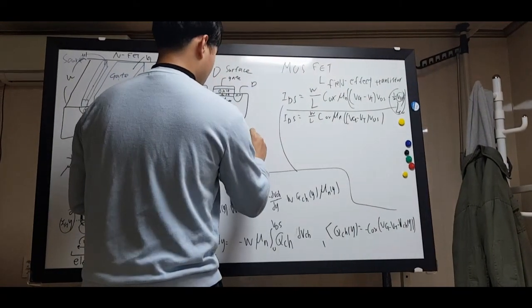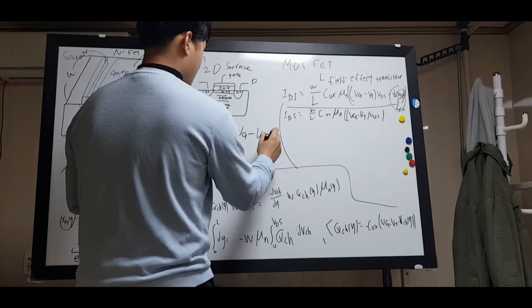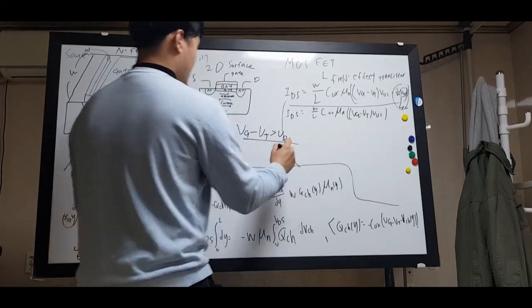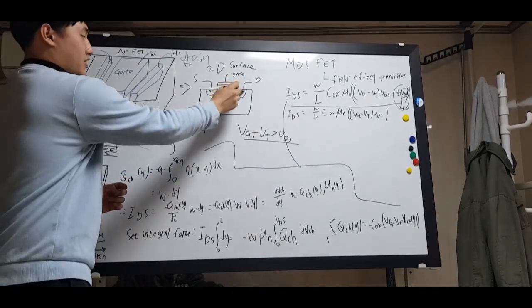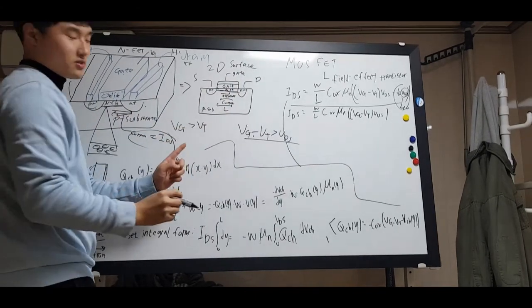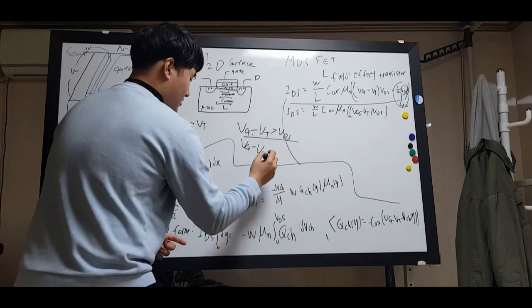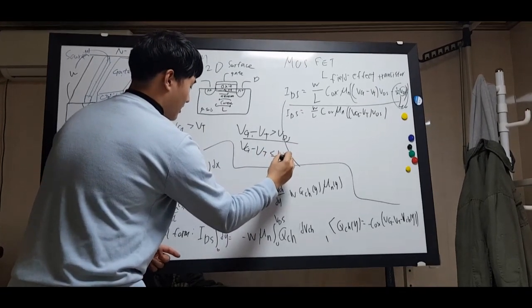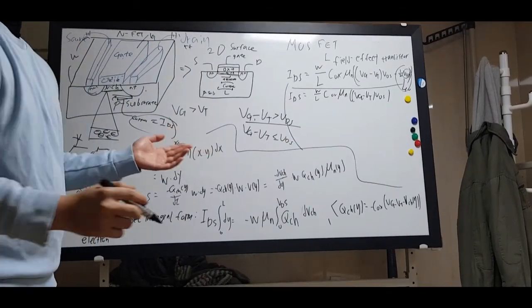If the gate voltage minus the threshold voltage is over the voltage induced between the drain and source, the channel will stay connected from source to drain. But in one condition, when the gate voltage minus the threshold voltage is smaller than or equal to the drain to source voltage, the channel will pinch off.